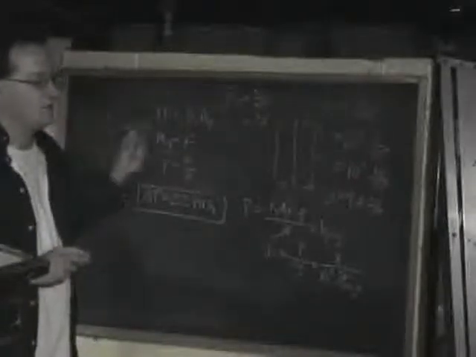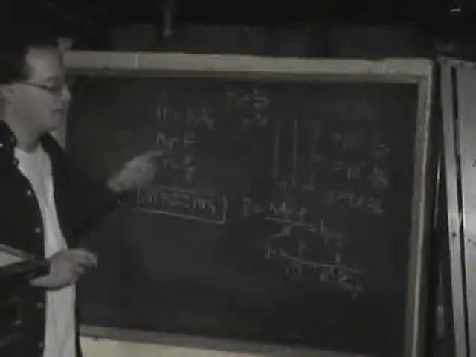Force is mass times acceleration. So it's going to be kilogram meters per second squared times 1 over meters squared. So those are going to cancel, and we're left with kilograms over meter second squared.